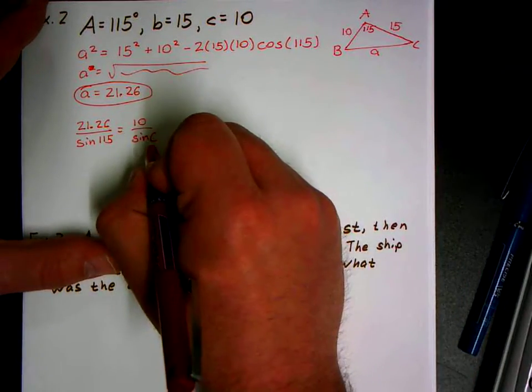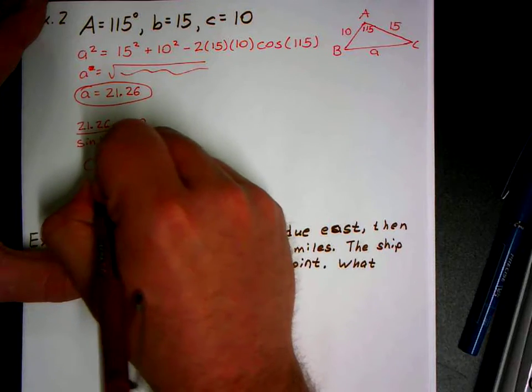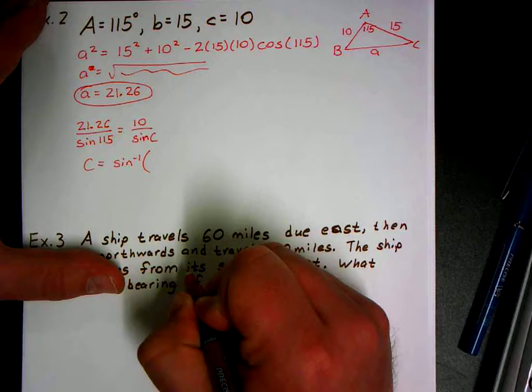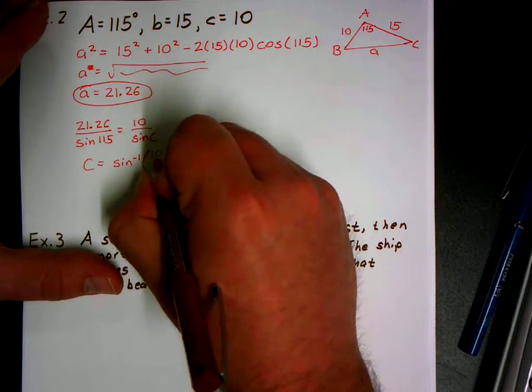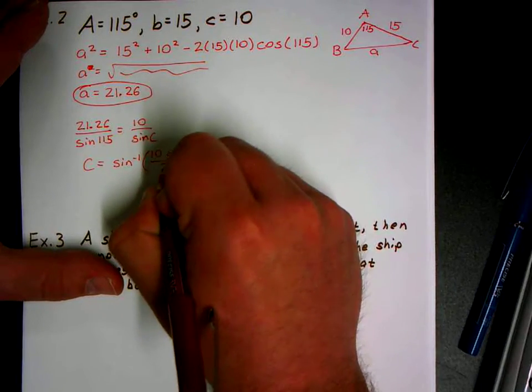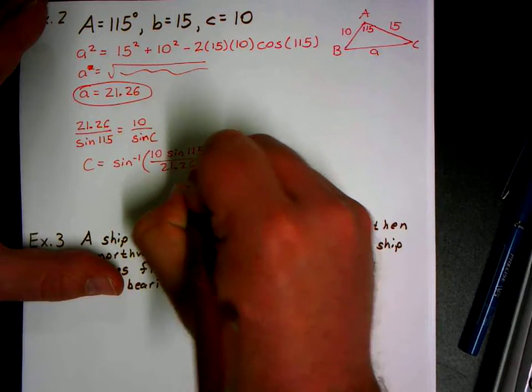All right, so this would give me C would have to be arc sine of 10 sine 115 divided by 21.26.